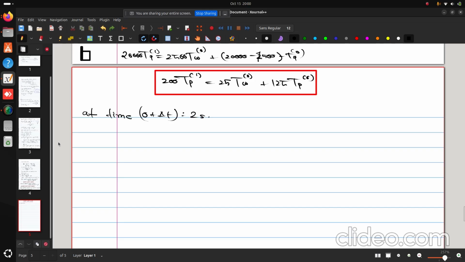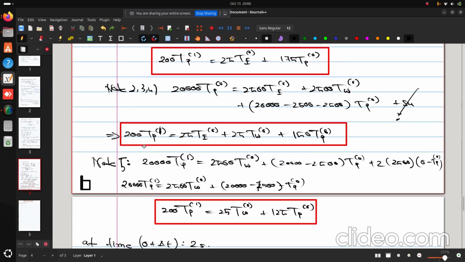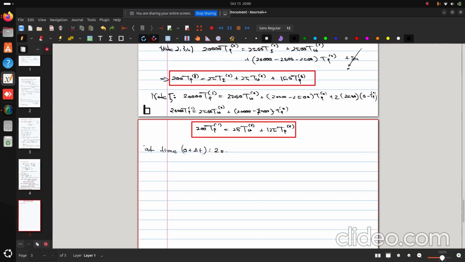Let me write all the equations together.